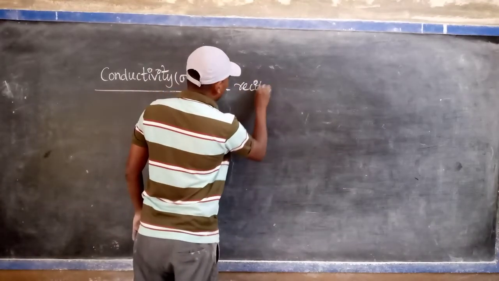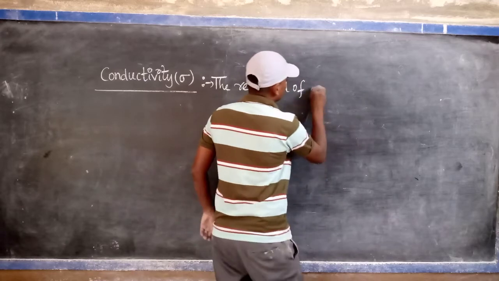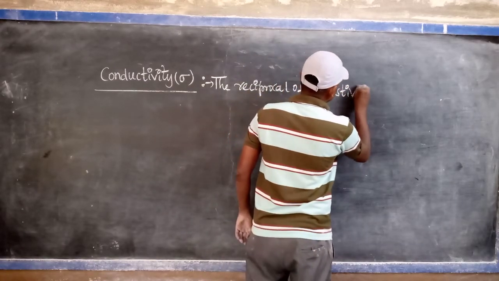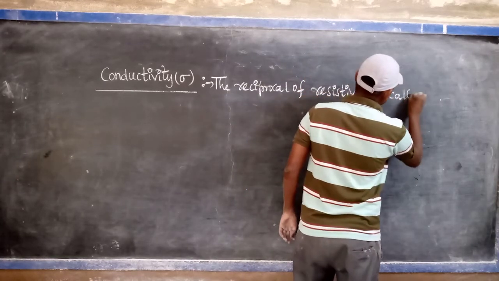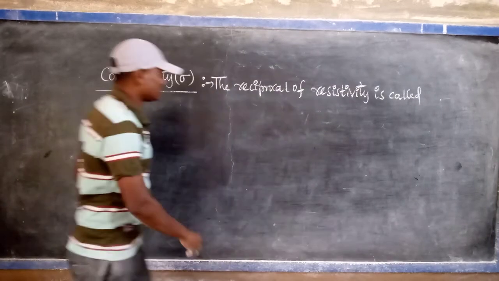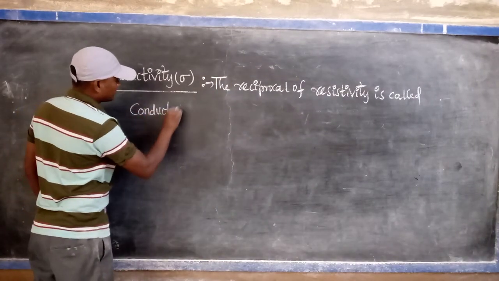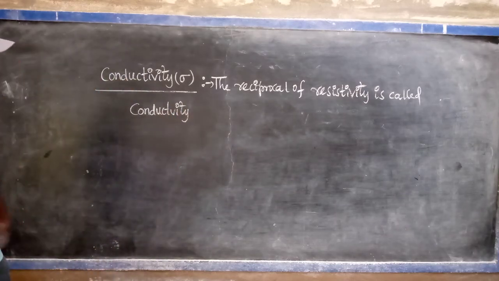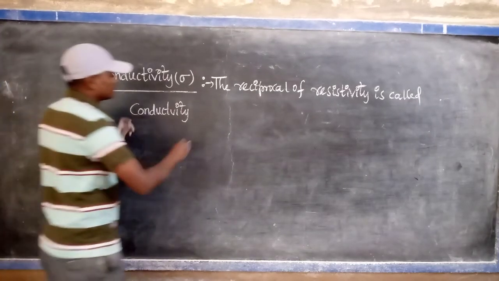The reciprocal of resistivity is called conductivity. So listen very carefully. The reciprocal of resistivity is called conductivity.